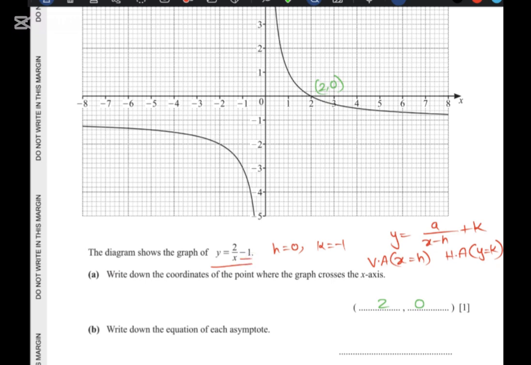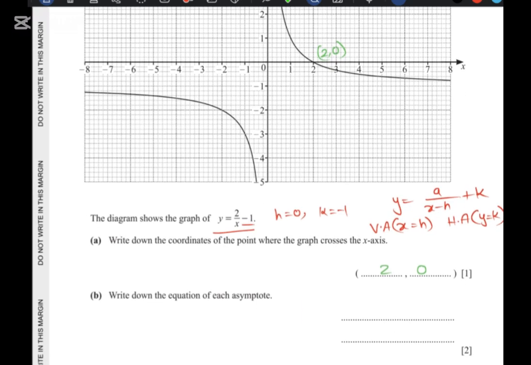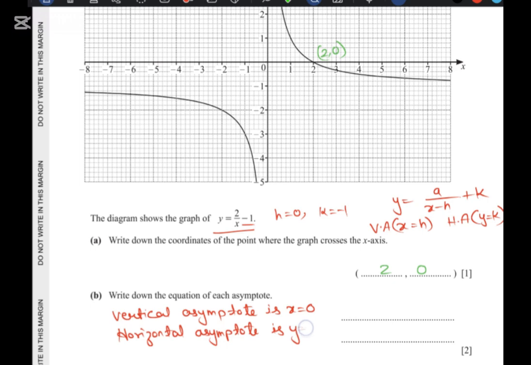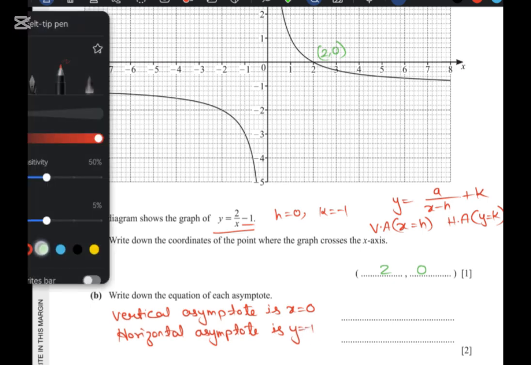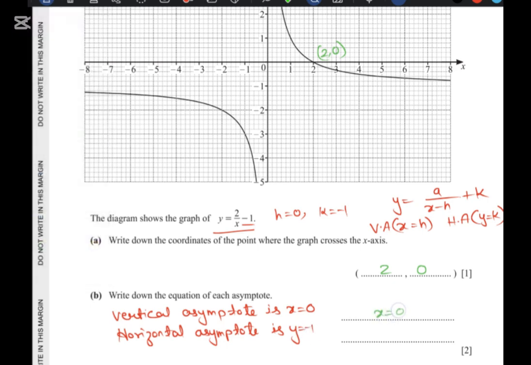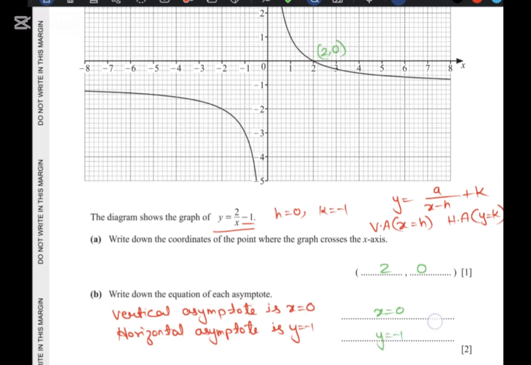So your vertical asymptote is x is equal to 0 and the horizontal asymptote is y is equal to -1. That's it. Question B is done.